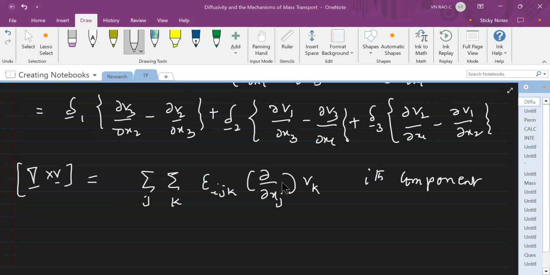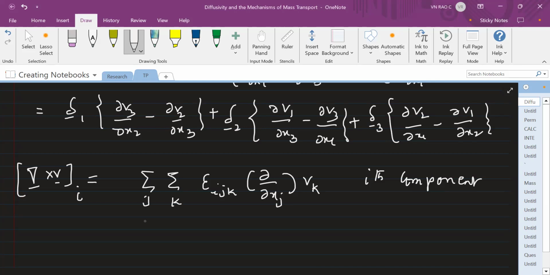The ith component is written like this, the generic form.